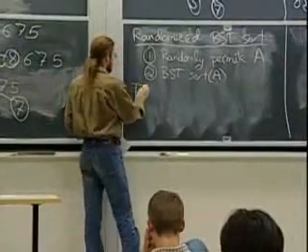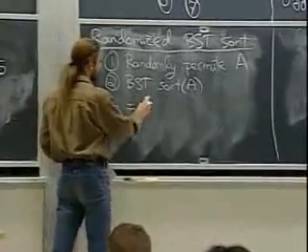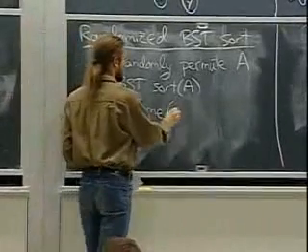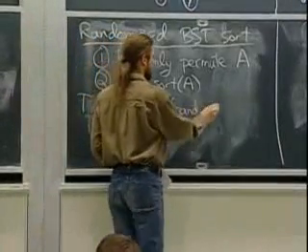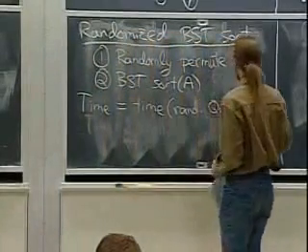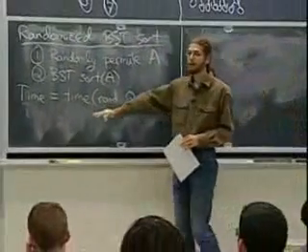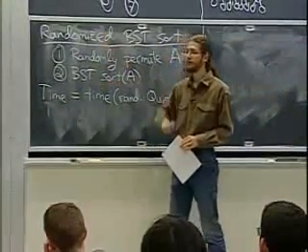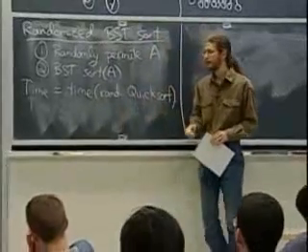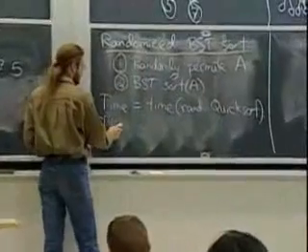So the time of this algorithm equals the time of randomized quicksort, because we're making the same comparisons, so the number of comparisons is equal. And this is true as random variables. The random variable, the running time of this algorithm, is equal to the random variable of this algorithm. In particular, the expectations are the same.